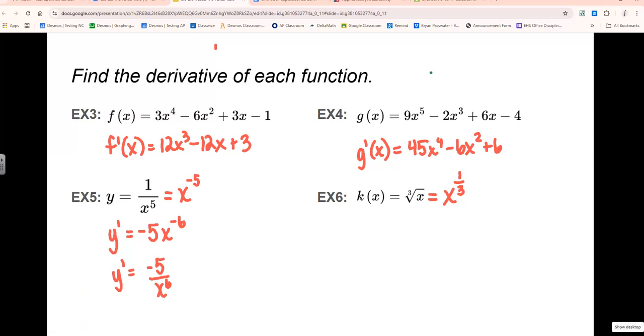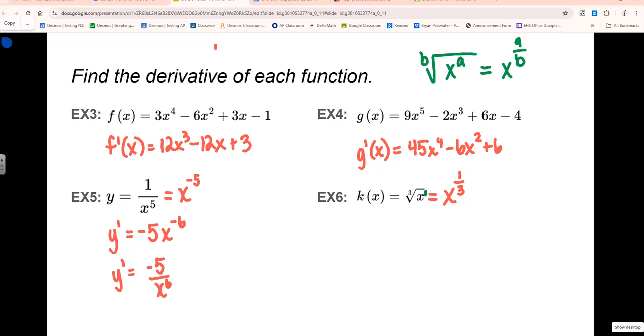So like if I have the b root of x to the a power, that is going to be x to the a over b. Whatever your root is goes on the bottom of the fraction because roots are on the bottom of a tree. And this one doesn't have an exponent on the inside, but if there is no exponent on the inside, it is a 1. All right.